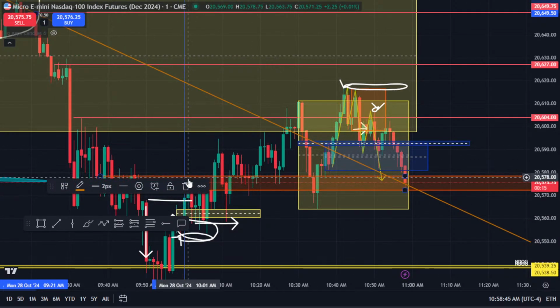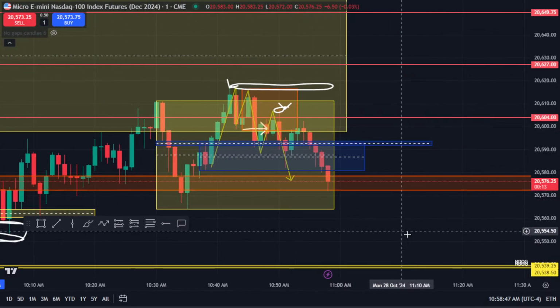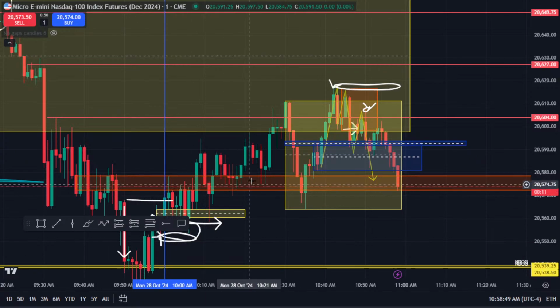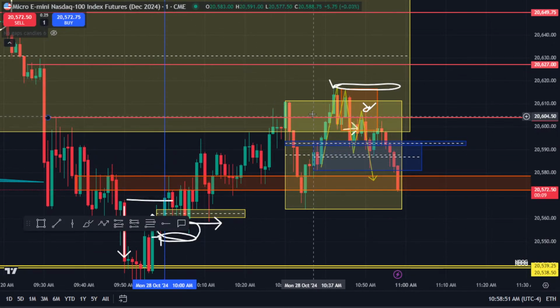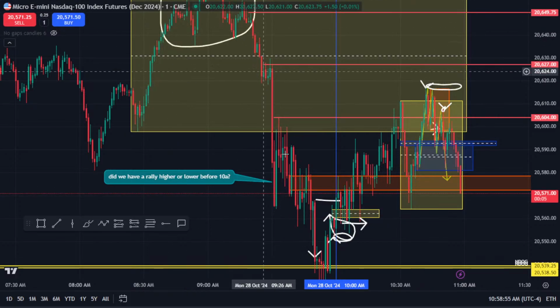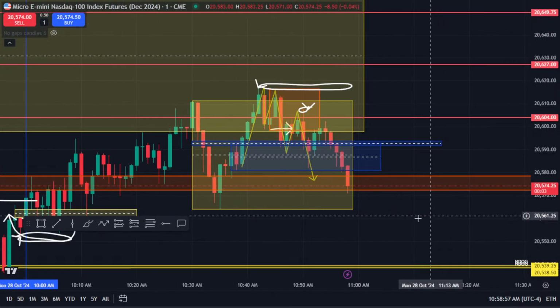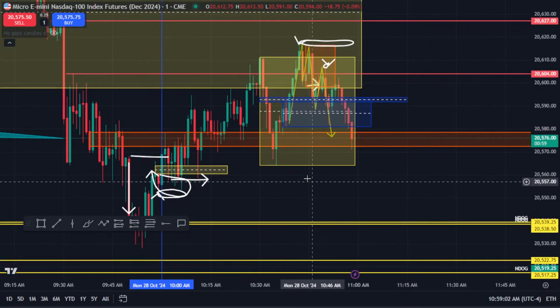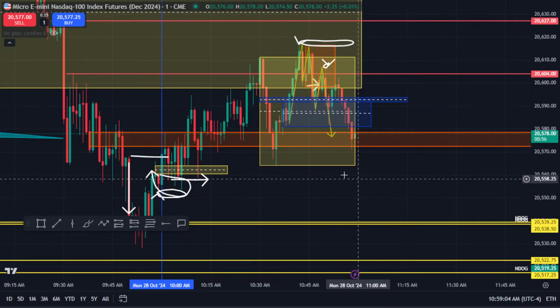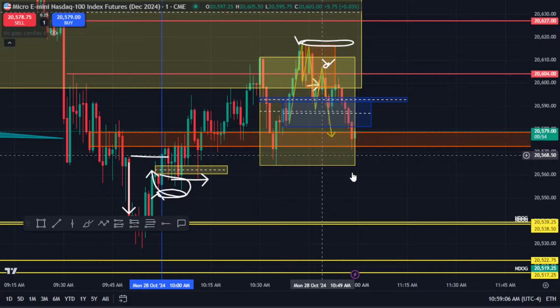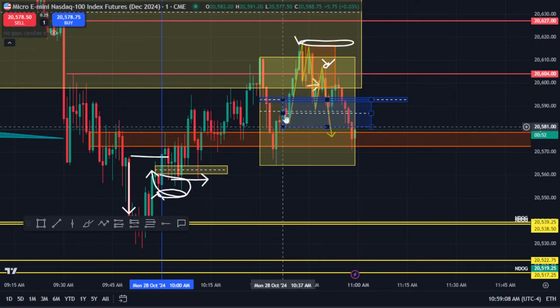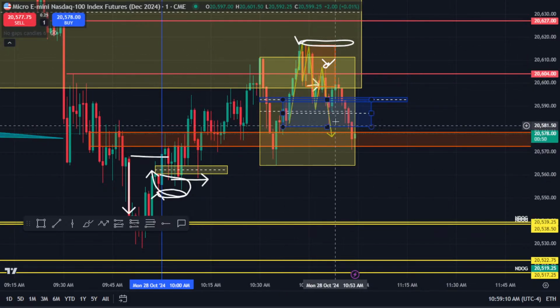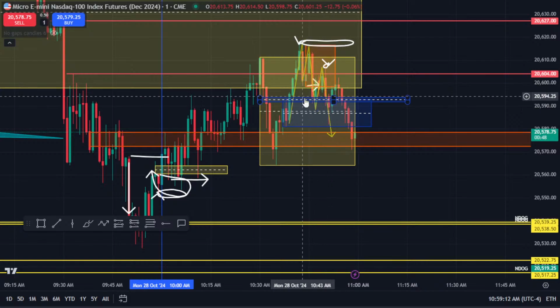Also, this line is irrelevant because we're already in a retracement, but we dug a little bit deeper than we expected. But we took out the low.